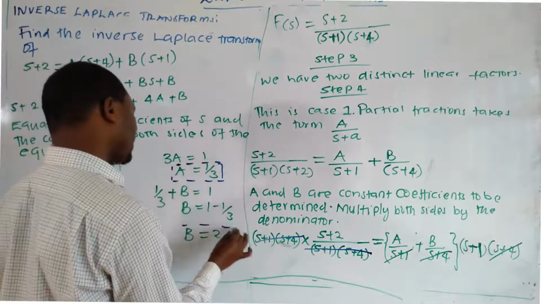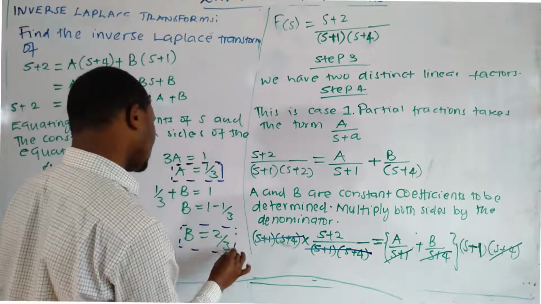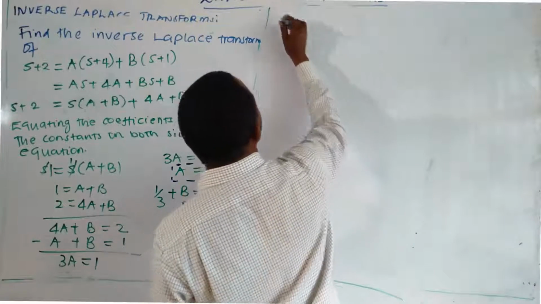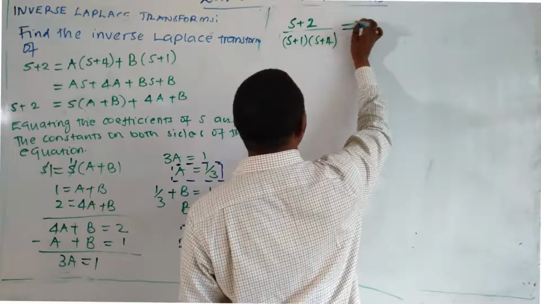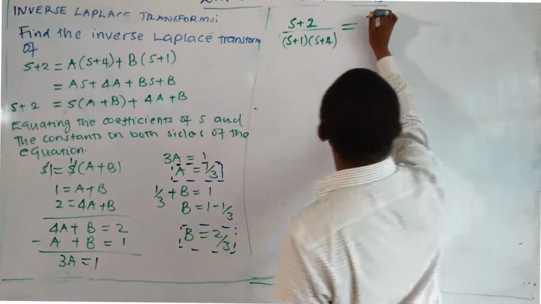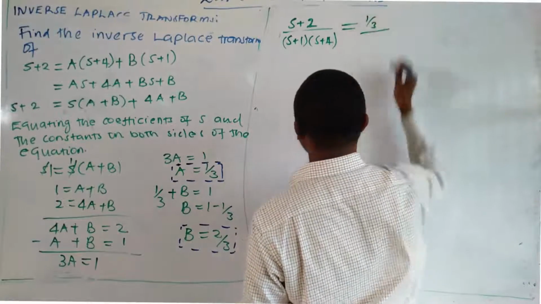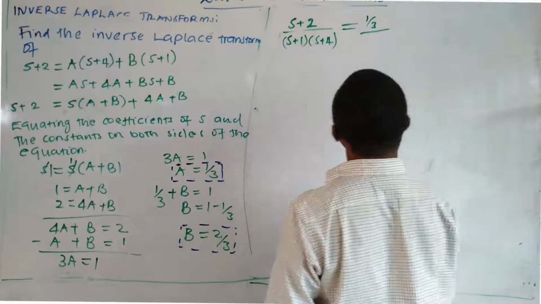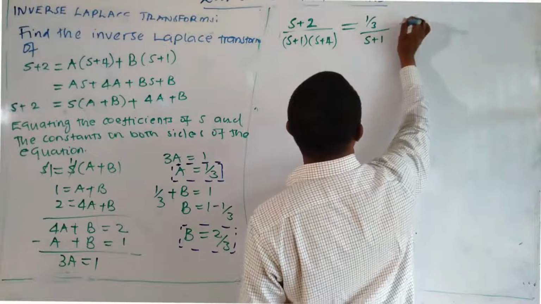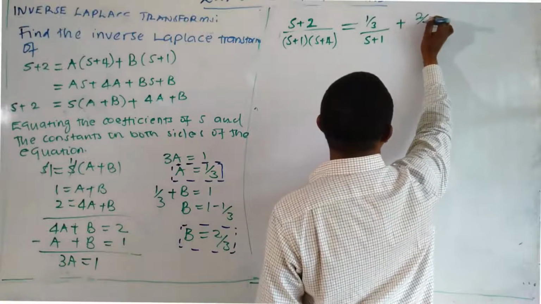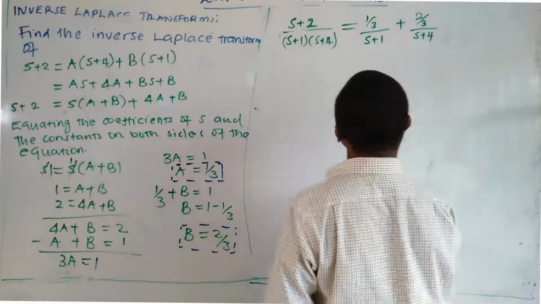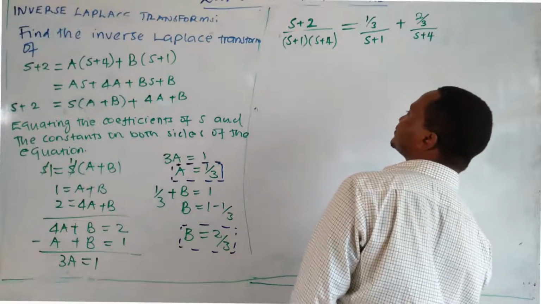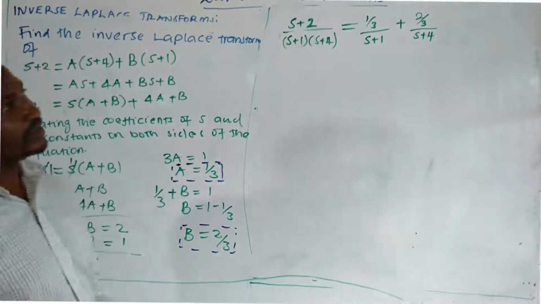We have determined the value of the constant coefficients. Now we go back. Our initial expression was, what is our A? A third. It was a third over s plus 1, plus 2 thirds over s plus 4. It was like that.